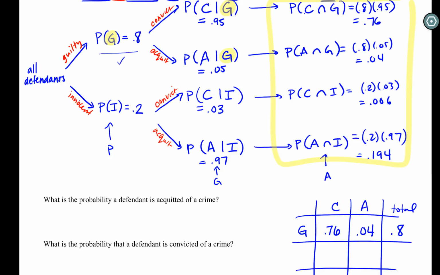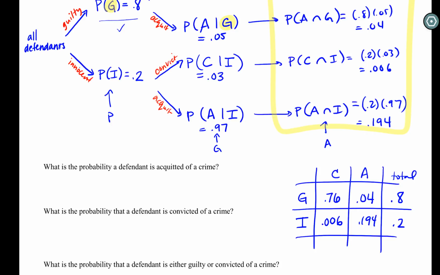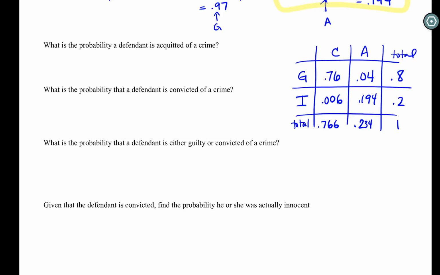Guilty was 80%. And then we need innocent to cross with our convicted and our acquitted, giving us back the 20% of innocent people. And we can also get our opposite marginals pretty quickly from this sweet table, so our other totals. And once we have that, it makes the next 4 questions really easy to solve.